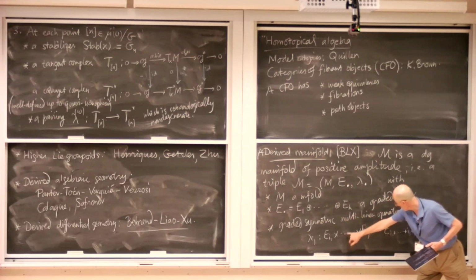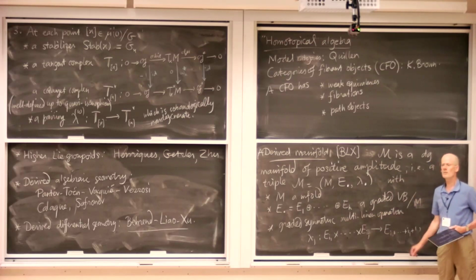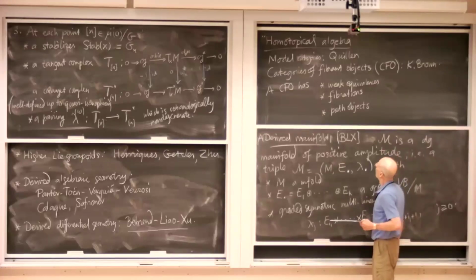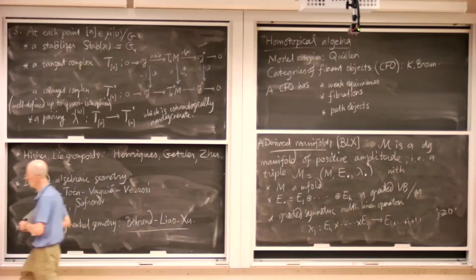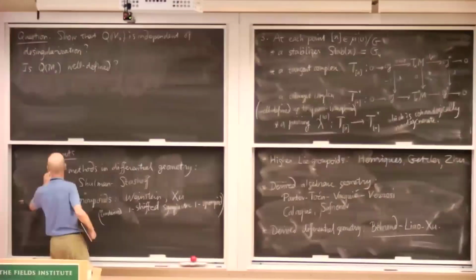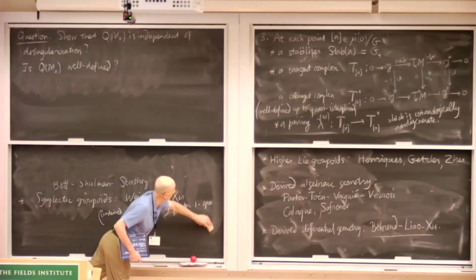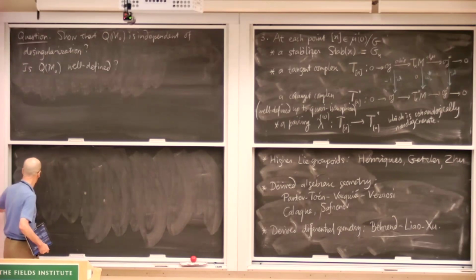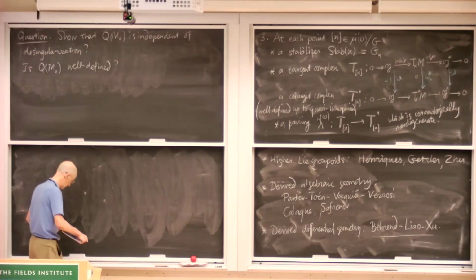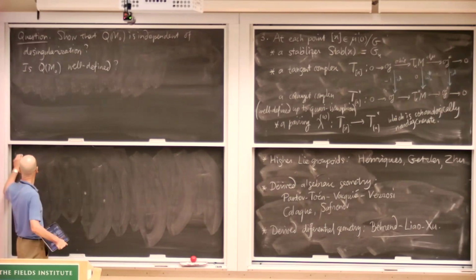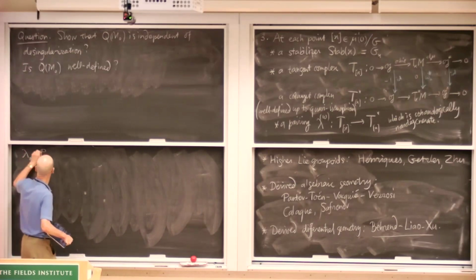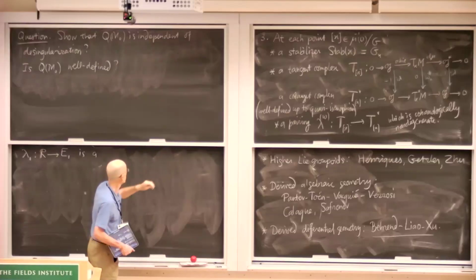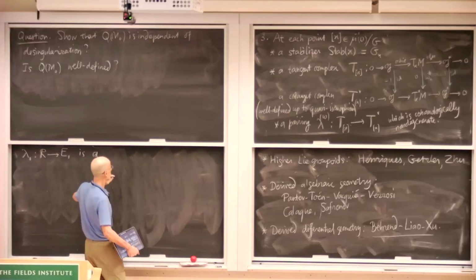So a map from the trivial one-dimensional bundle into E1. This means a section of E1. So lambda naught is just a section, like that moment map in the symplectic reduction setting we had.